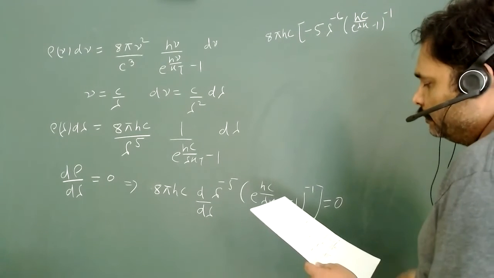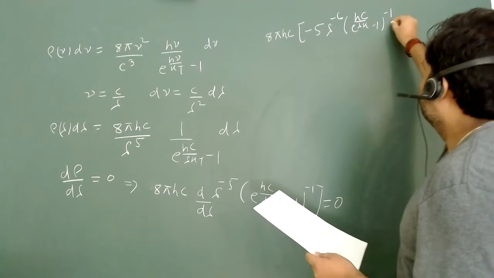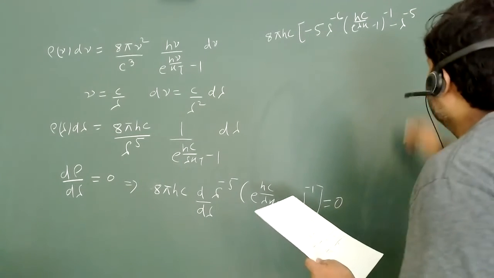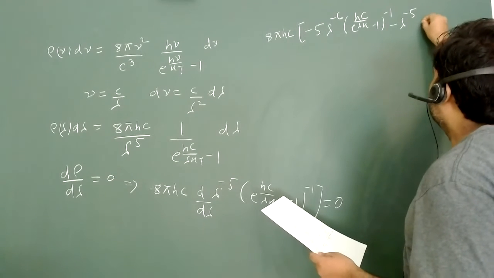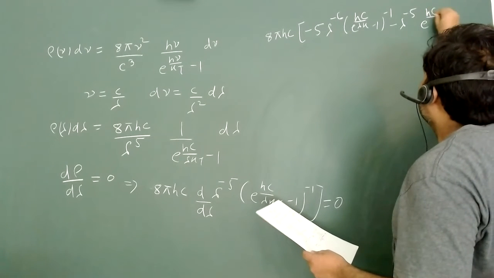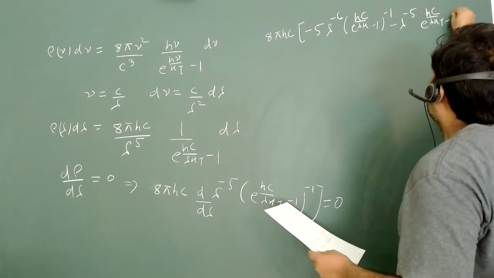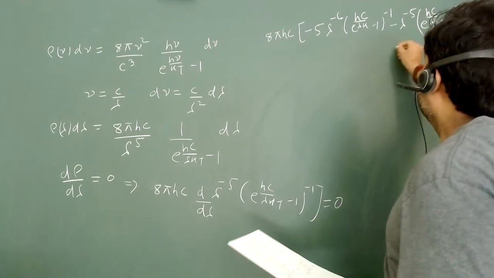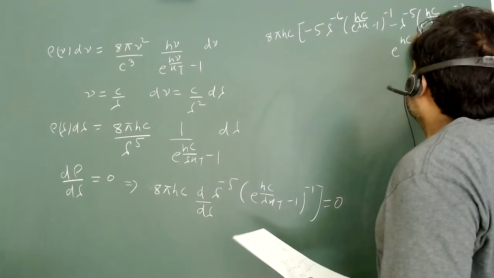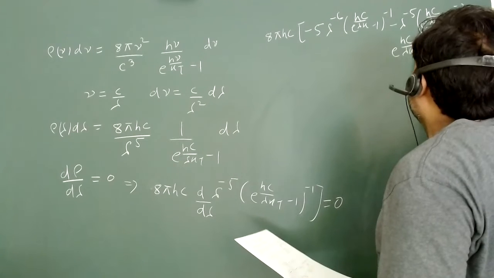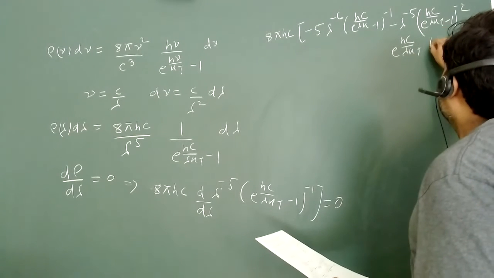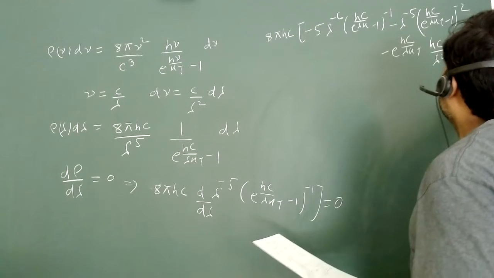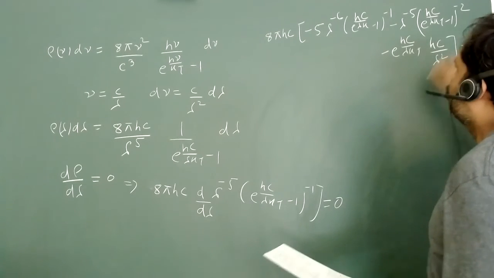For the second term, lambda to the power minus 5 remains the same, and we differentiate the whole term e to the power hc upon lambda kT minus 1, which gives minus 2 power, then the exponential, then hc upon lambda kT, and then hc upon lambda square with a minus sign. So this must be equal to 0.